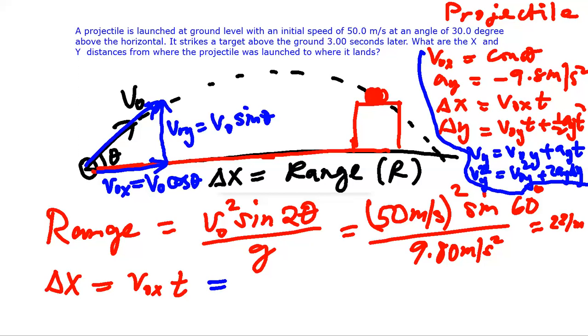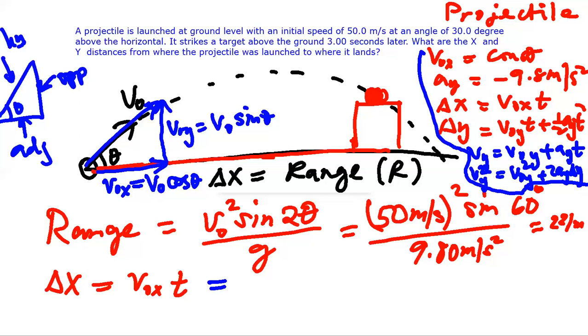Because if this is your triangle, this is your opposite side, this is your adjacent side, and this is your hypotenuse. You know that opposite over hypotenuse is sine, adjacent over hypotenuse is cosine. So the opposite is equal to hypotenuse times the sine of the angle, and the adjacent is equal to the hypotenuse times the cosine.